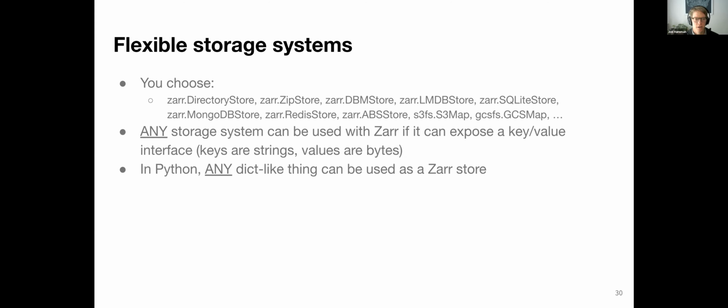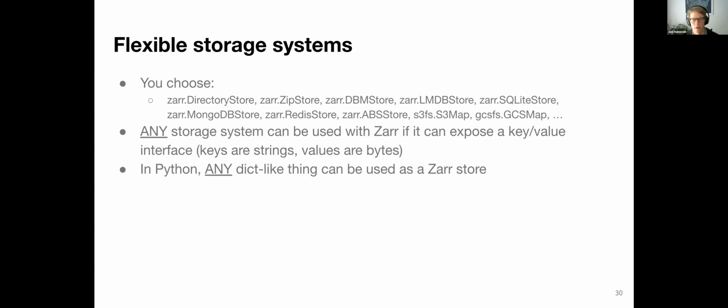The only criteria that a storage system has to fulfill is that it needs to be able to expose something like a key-value interface. If you're a Python user, that could be anything that looks like a dictionary, where the keys are strings and the values are bytes.